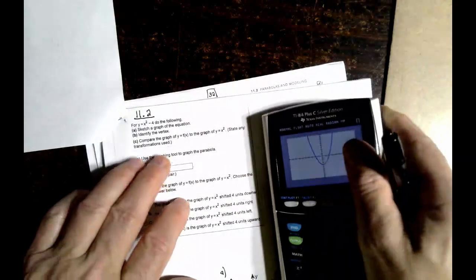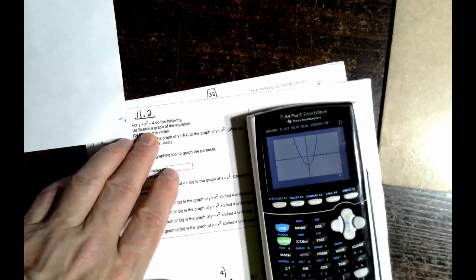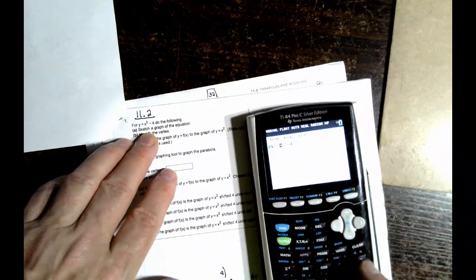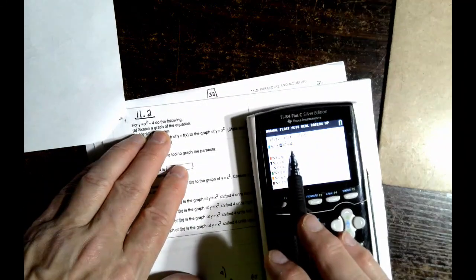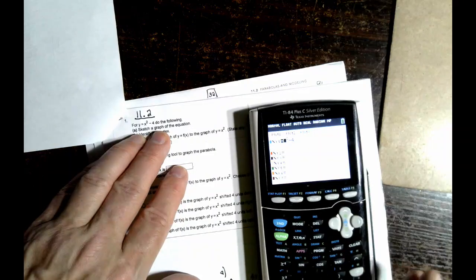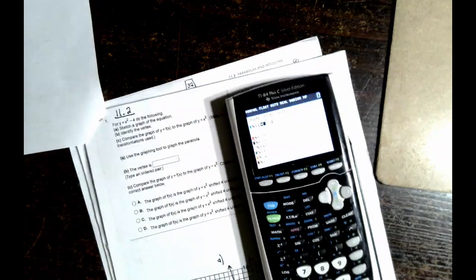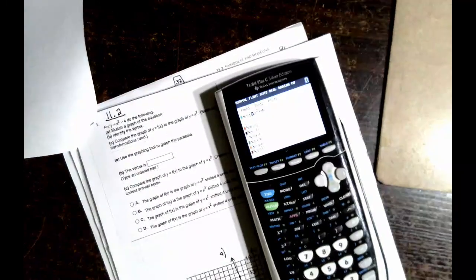So these are the actual questions on the homework assignment. So the first question, it says sketch a graph of the equation x squared minus 4. All right. So if you hit y equals and you type in x squared minus 4, okay. Let me use a different calculator.